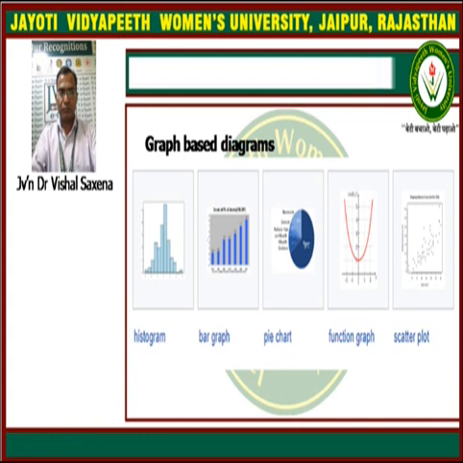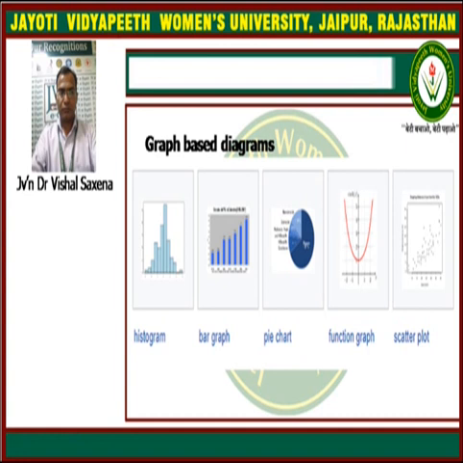The function graph shows a mathematical function in the form of a graph, like sin x, cos x, log x, e raised to the power x. These mathematical functions are shown in a diagram like a parabola, a two-dimensional diagram where x and y axes are taken, and the function, y equal to f(x), is drawn for various values of x.